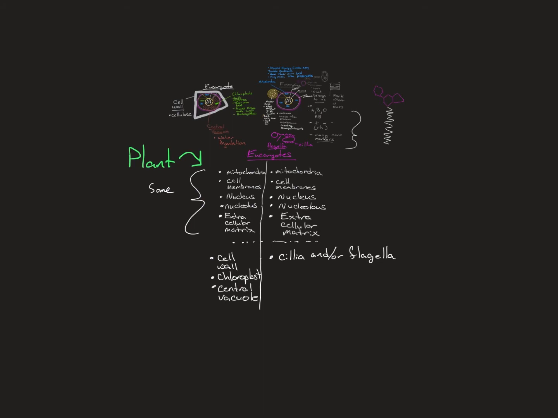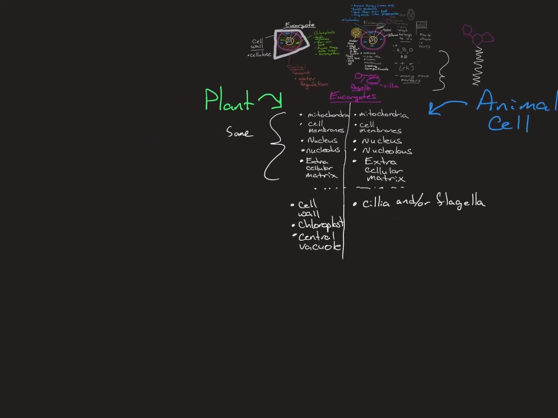And this one over here would be known as an animal cell. So one type of eukaryote is an animal cell, another type of eukaryote is a plant cell. Both plants and animals have nuclei. They have these compartments inside the big compartment called the cell.